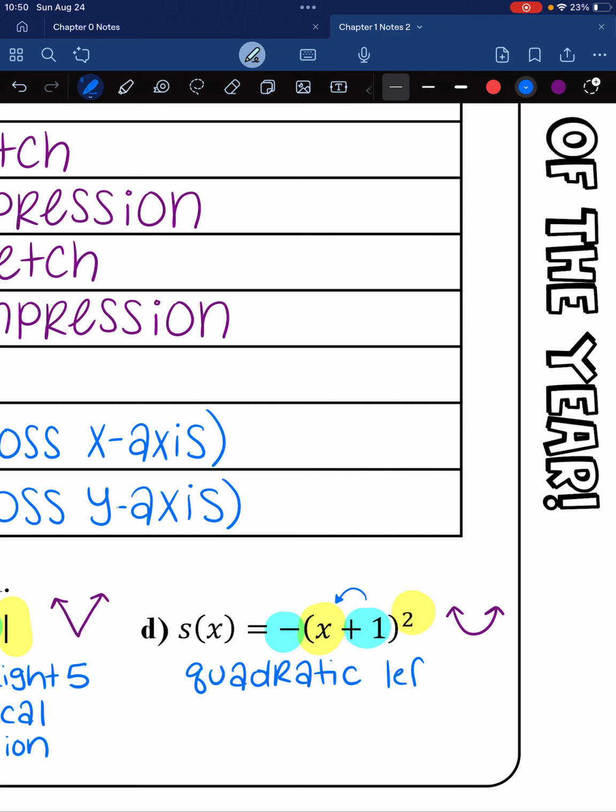So quadratic goes left 1, and multiplying by a negative, that is going to be a vertical reflection. So with a vertical reflection.